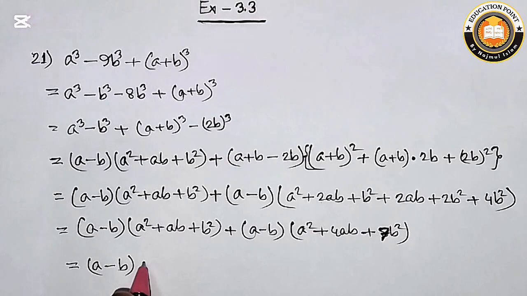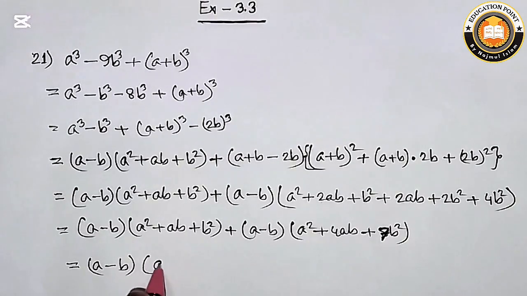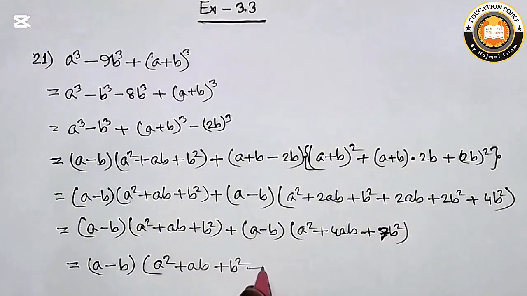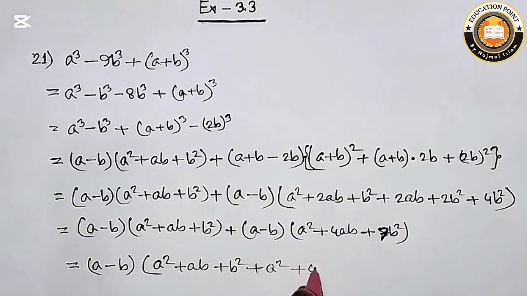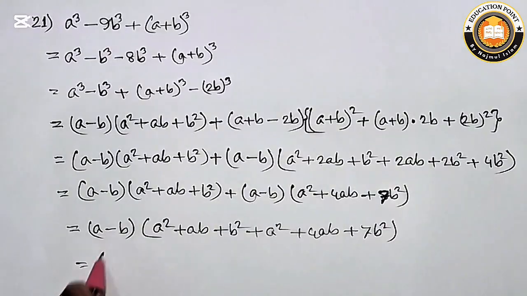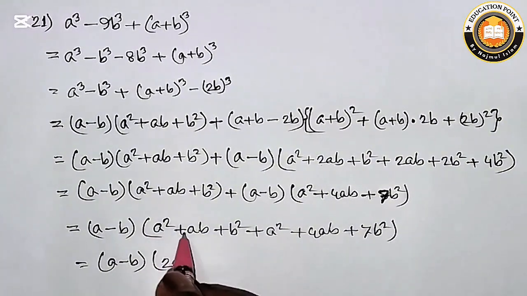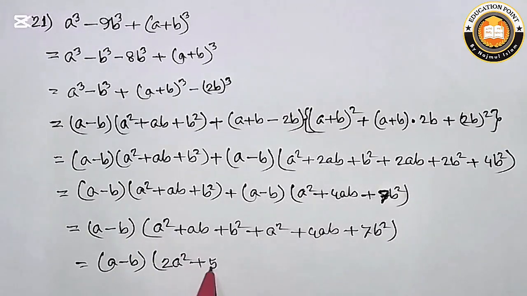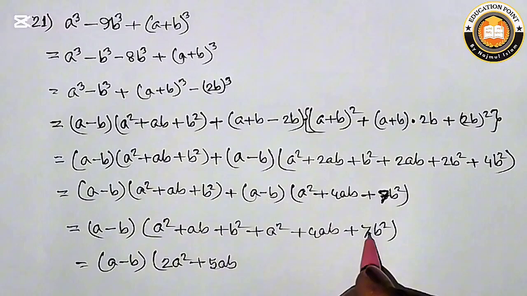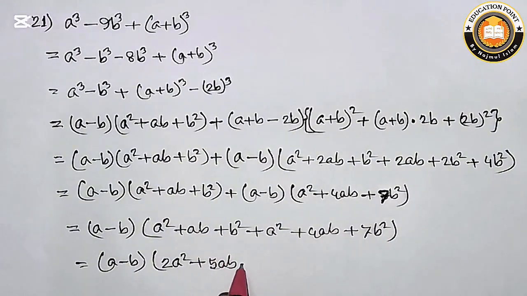After taking common value we can write a square plus ab plus b square plus a square plus 4ab plus 7b square equal (a minus b) into (a square plus a square equal 2a square, plus 4ab and ab equal plus 5ab, 7b square plus b square equal plus 8b square).